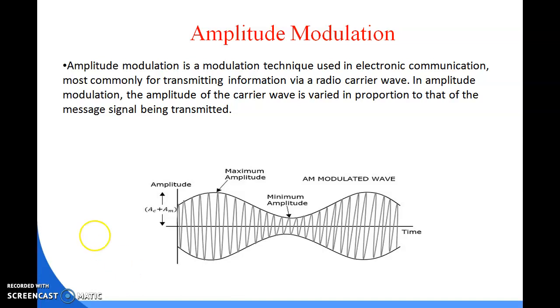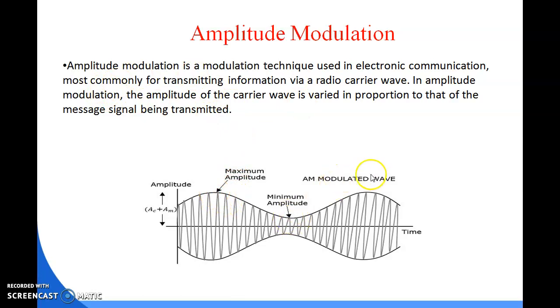Clear now? Again, amplitude modulation is a modulation technique used in electronic communication, most commonly for transmitting information by a radio carrier wave. The amplitude of the carrier wave is varied in proportion to the message signal being transmitted. In this graph, that is the maximum amplitude and this is the minimum amplitude.